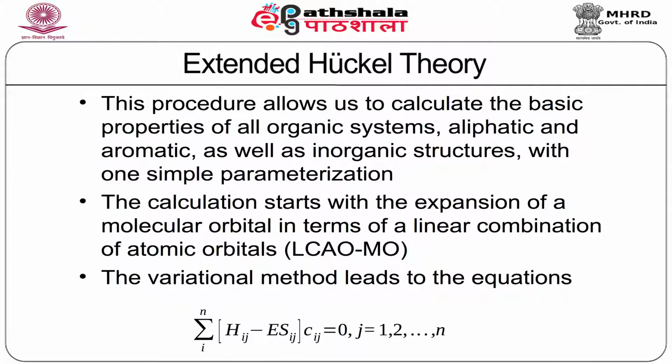As we have seen in the previous modules, application of the variational method leads to the equations: sum over i from 1 to n of (Hij minus E Sij) Cij equals 0, j equals 1 to n.